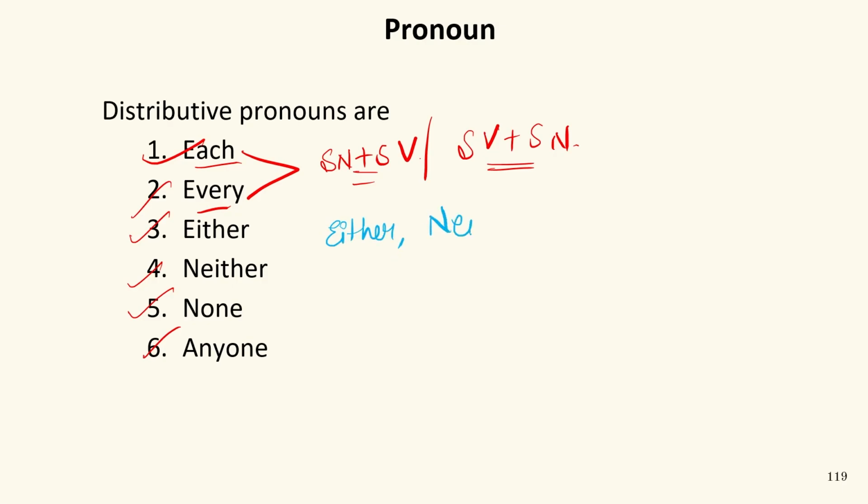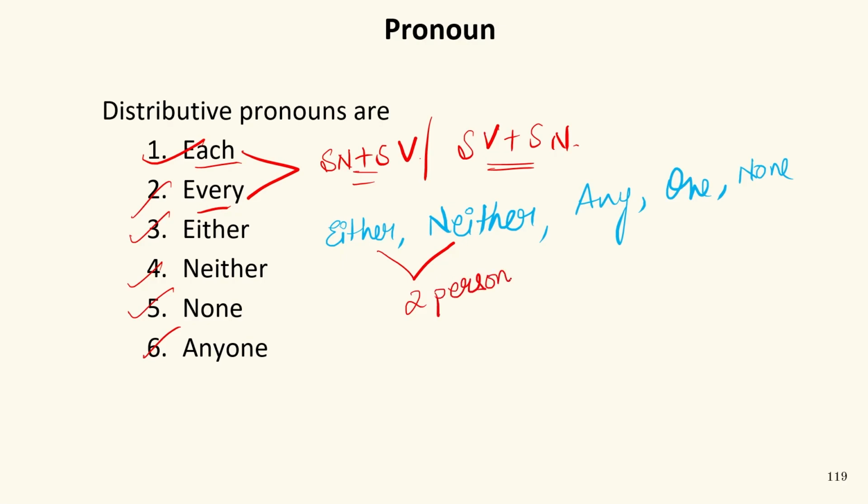Now we have these words. First, we'll discuss either and neither. Either and neither are used only for two persons or things. If we are talking about only two persons or things, we use either or neither.